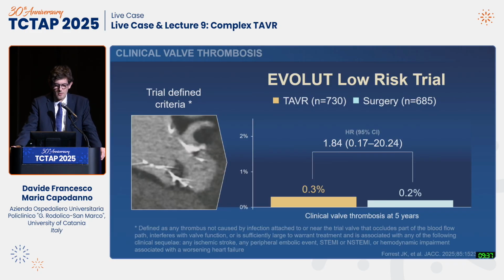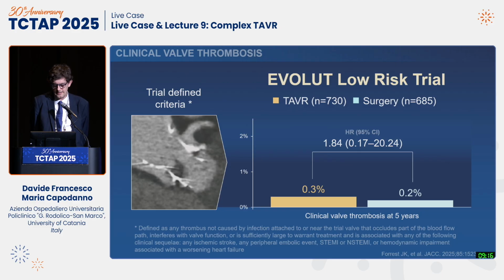And maybe as compared also with the self-expanding valve, because we have seen recently the 5-year data, finally, for the Evolut Low Risk trial, published a few weeks ago in JACC. Here the clinical valve thrombosis is 0.3% and with surgery 0.2%. So for surgery it is the same percentage.